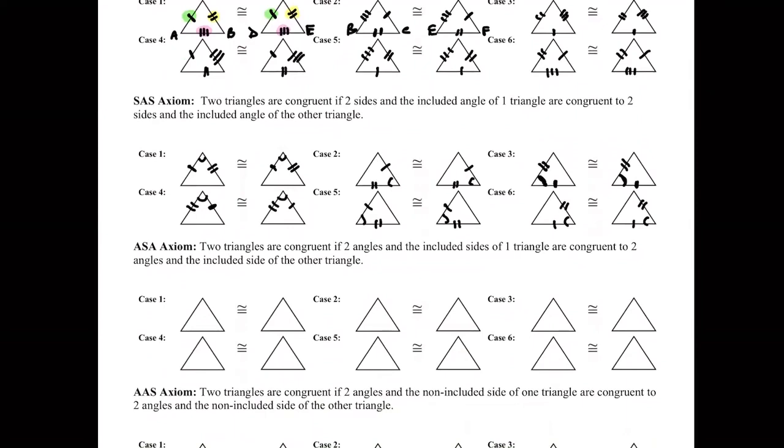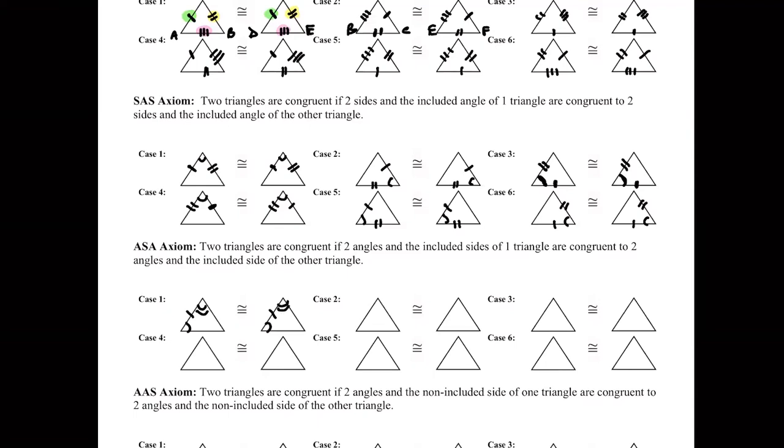ASA axiom. Two triangles are congruent if two angles on the included side are congruent to each other, right? Corresponding between the two triangles. So basically, same idea as the SAS, just two angles instead of two sides, right? So that would be an example like this pair of corresponding congruent angles, this pair of corresponding congruent sides, and this pair of corresponding congruent angles.